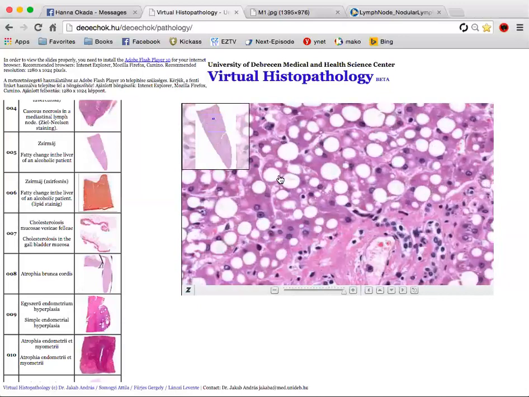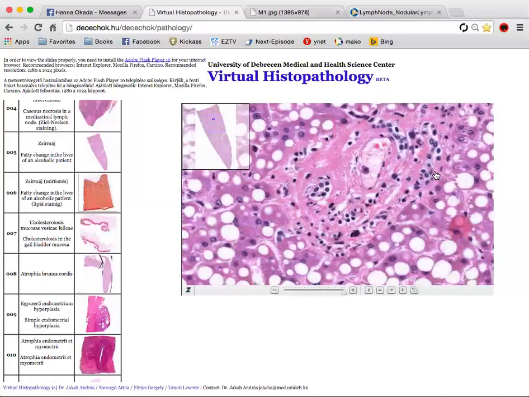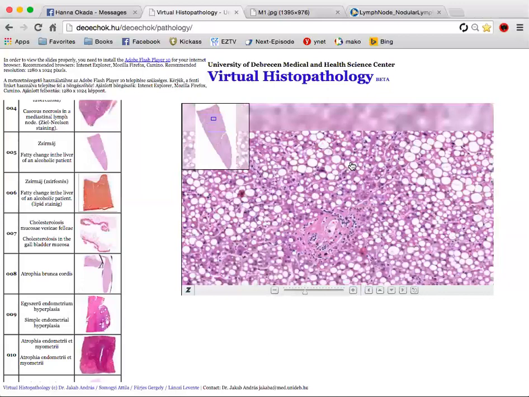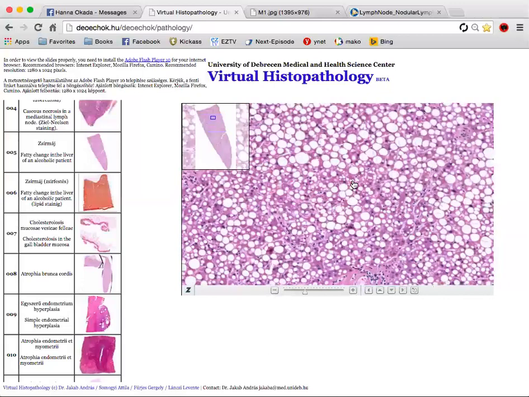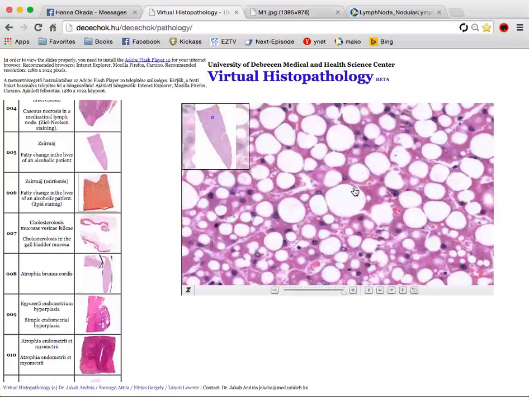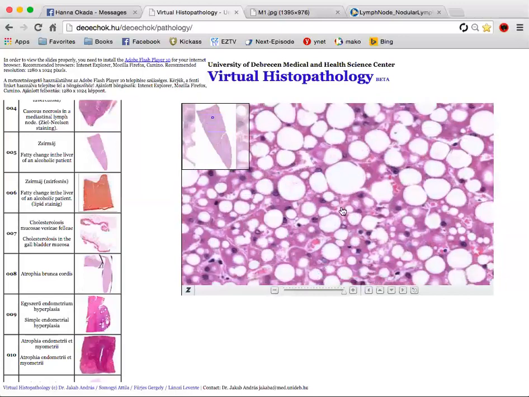And what you might also be shown is this area, and this is a triad area. Okay, and I'm going to try to find a central vein to show you. It's really hard because it just looks like another cell, but this is a central vein. You can see because of the blood.